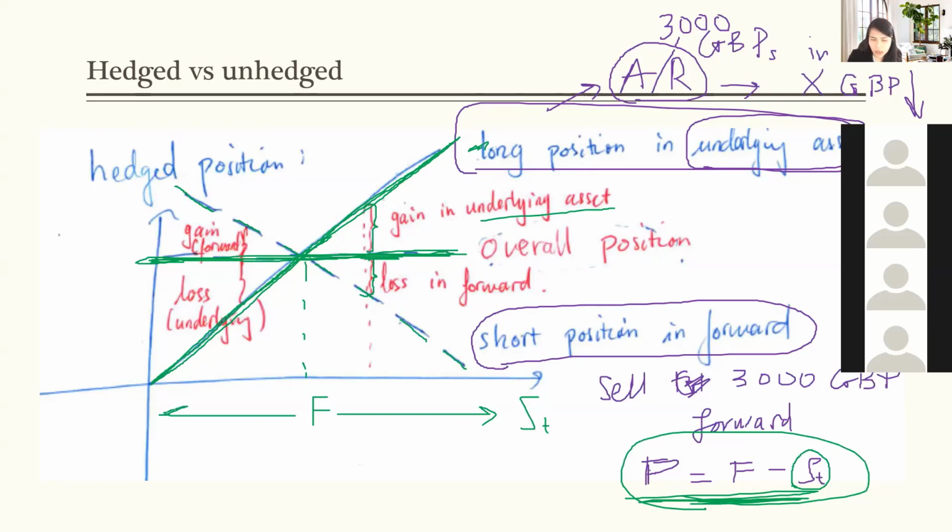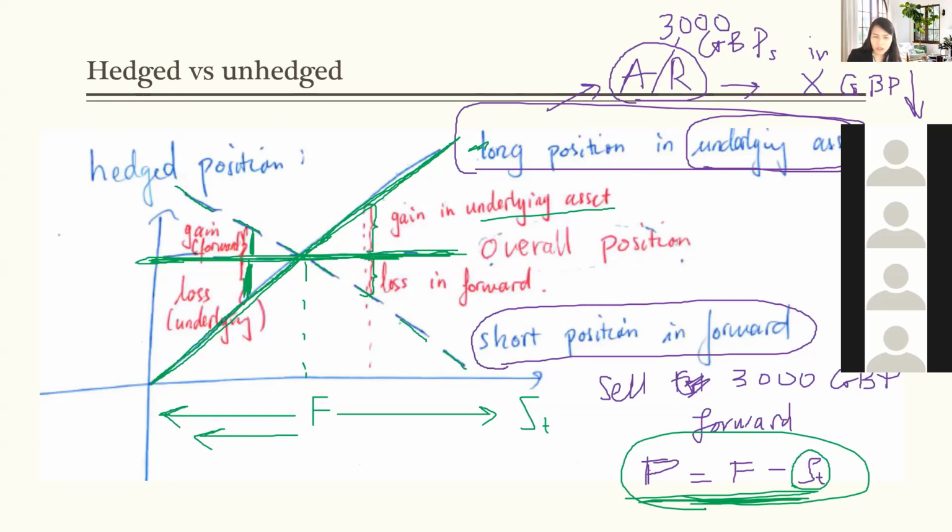Similarly, on the left-hand side of the graph, whenever the exchange rate depreciates, so it moves to the left, the underlying position, the account receivable, makes a loss or reduces in value. But at the same time, because we have the forward contract, which makes a gain in this case, this gain will perfectly offset the loss that we make in the underlying asset.